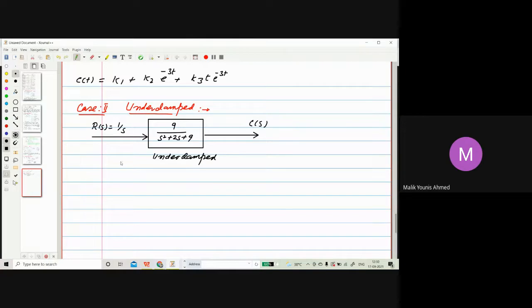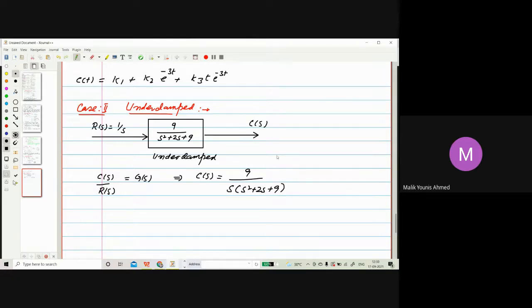We know C of s by R of s is equivalent to G of s, so from this we can calculate C of s. The input R of s is 1 by s. C of s will be equal to 9 divided by s into s square plus 2s plus 9.